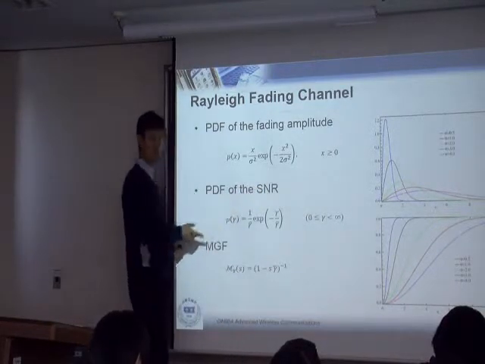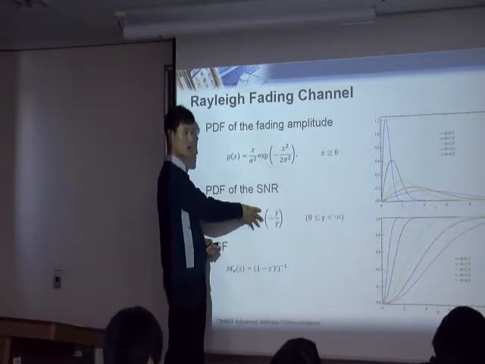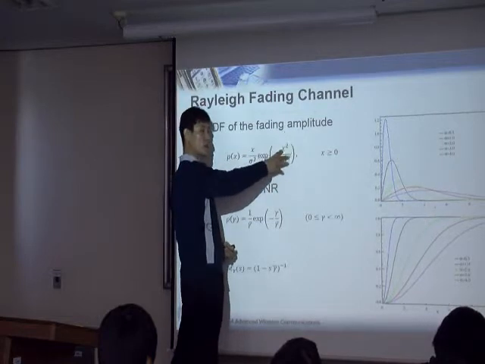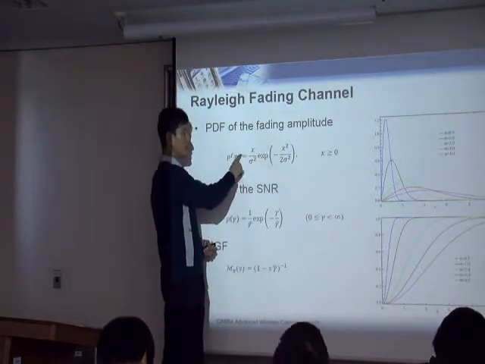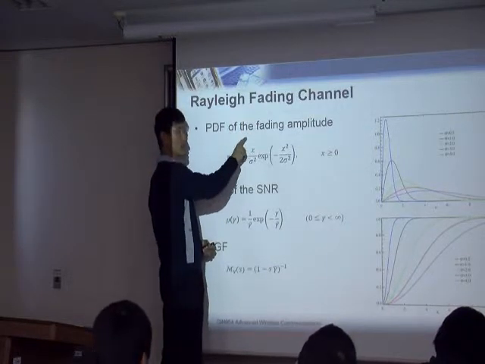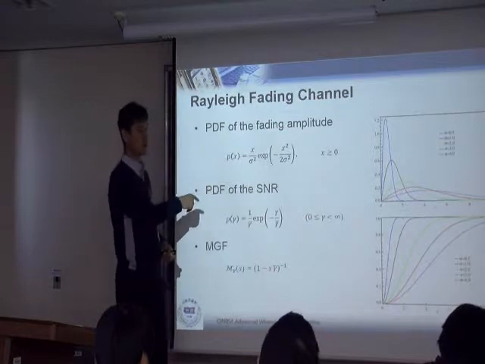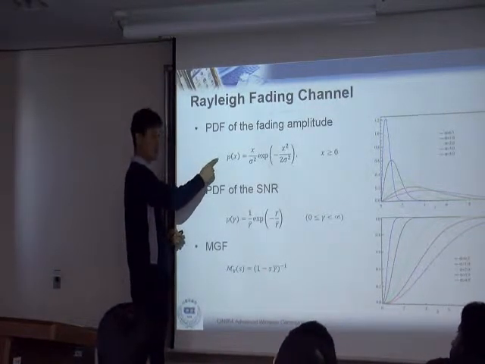And you know SNR is a power ratio, right? Signal power divided by noise power. So this is a power ratio. Therefore, it's a square of amplitude, right? So when you have a random variable x, which follows a Rayleigh distribution like this, right? This PDF. Then if you define another random variable y equal to x squared, okay?